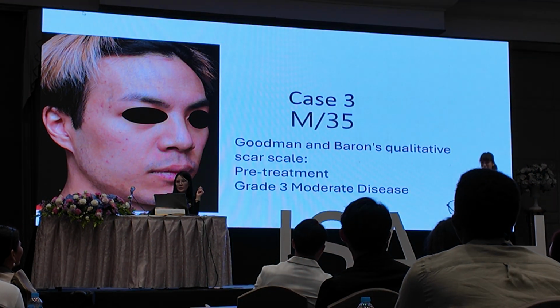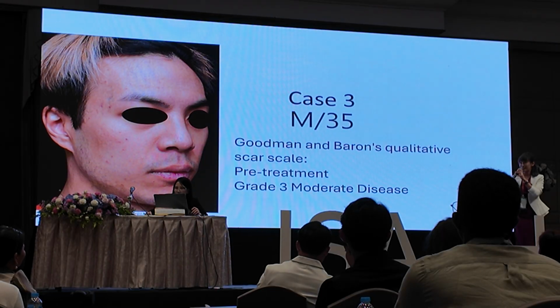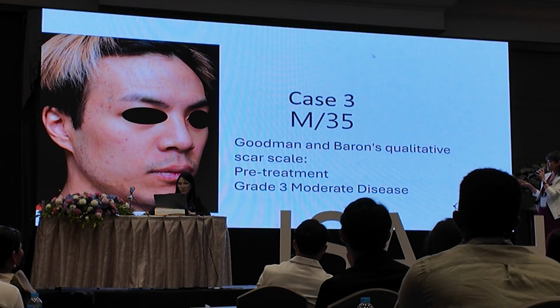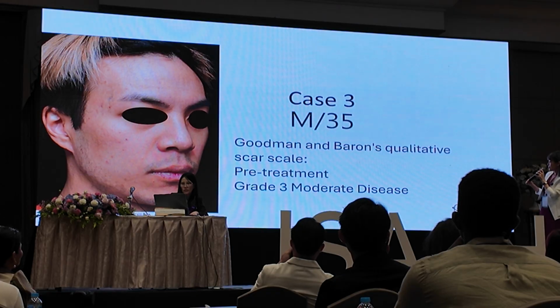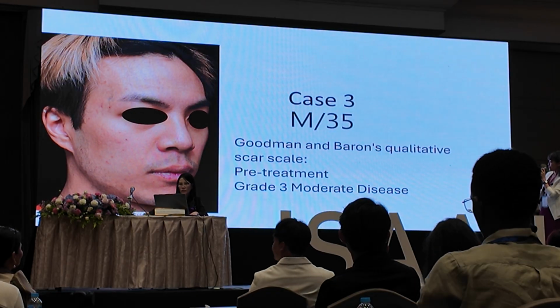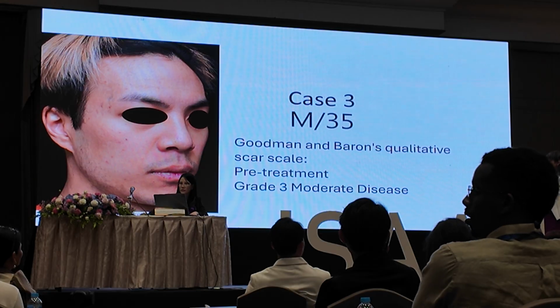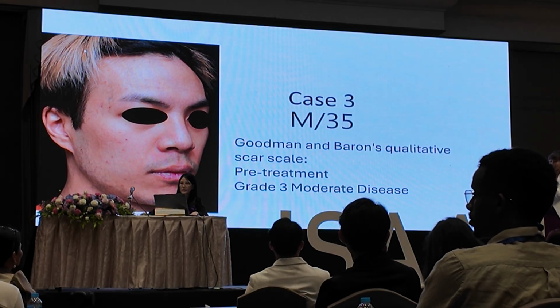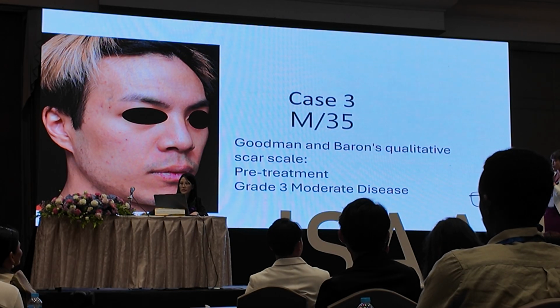And the third case is a 35 years old gentleman, and he has a moderate disease to start with. And the acne scar mainly focuses on the temple area, the bilateral temple area.